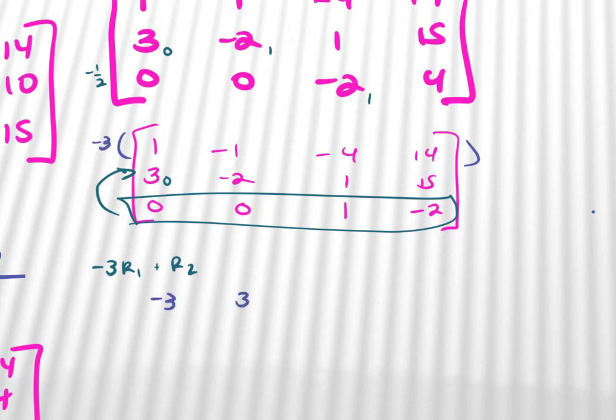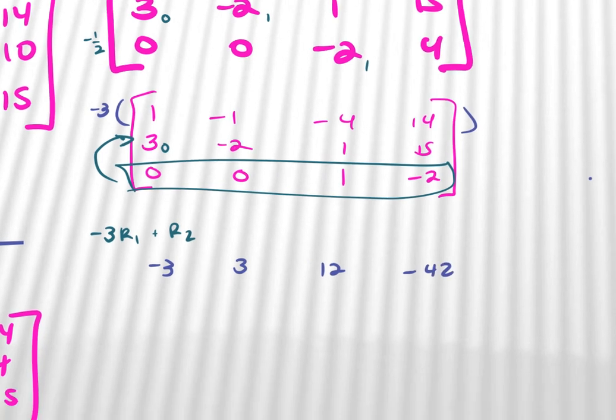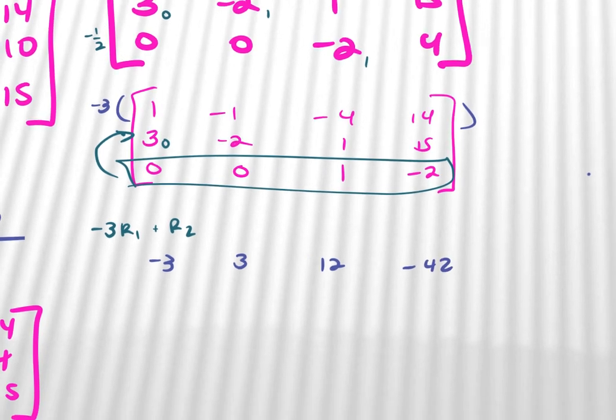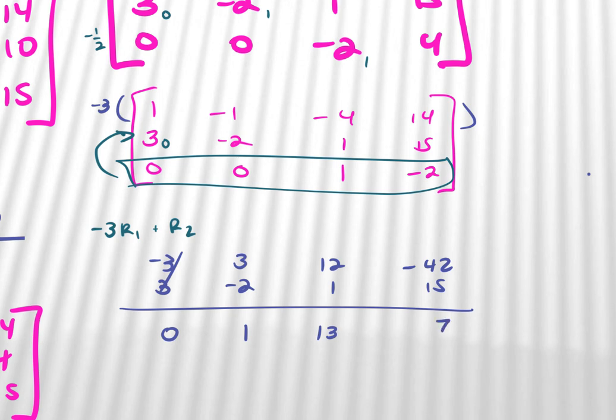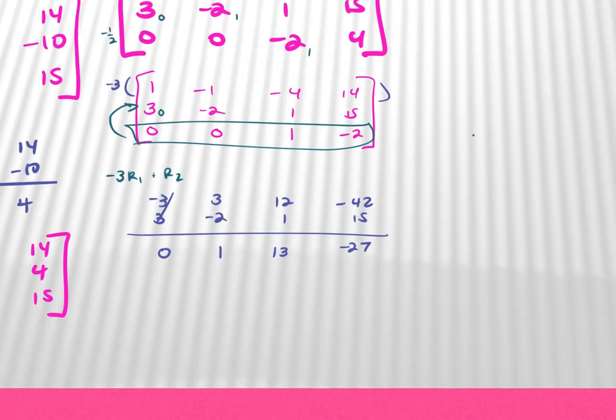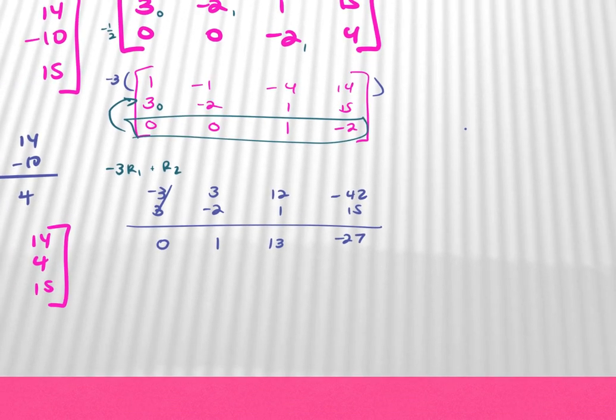Negative 3, positive 12, negative 42. And I'm adding it to row 2. Cancels, 1, 13, negative 27. That replaced row 2.